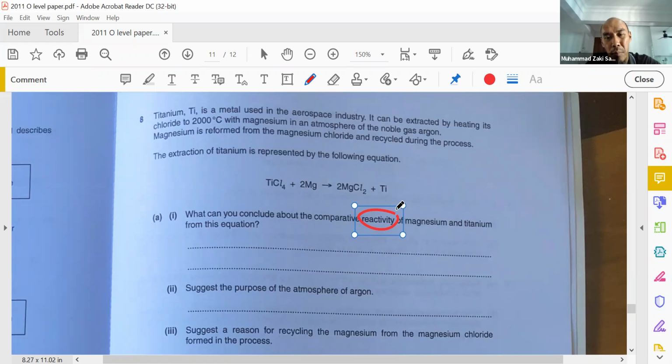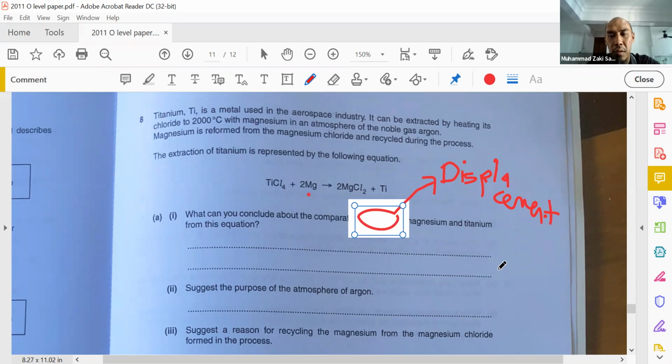Now, when you talk about reactivity, you remember this reaction, the one that starts with the letter D? Displacement. A more reactive metal will displace a less reactive metal. So you can see, this looks like magnesium is displacing titanium out.